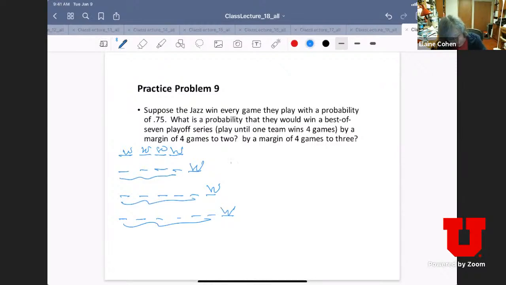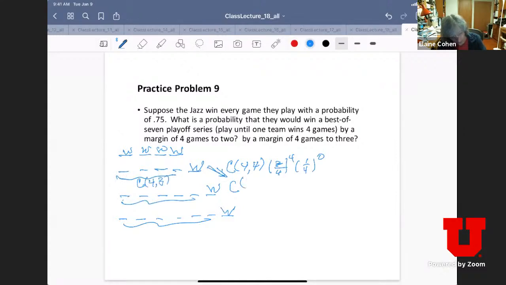then if we look at that, they're 4 games, 4 successes, 3/4 to the 4, and 1/4 to the 0, according to Bernoulli's theorem. If they win in 5 games, here we are, 5 games down here, the number of possible ways is 4 choose 3.